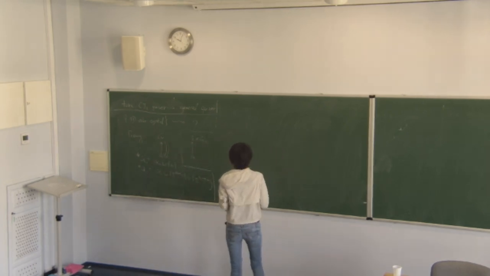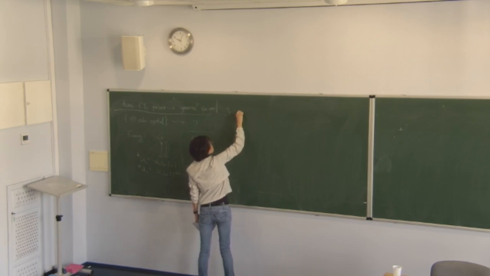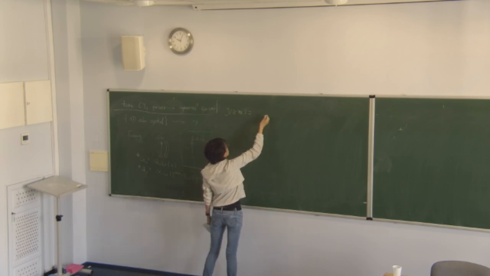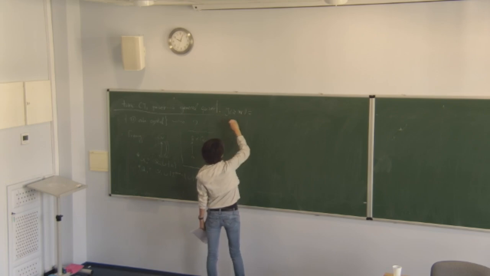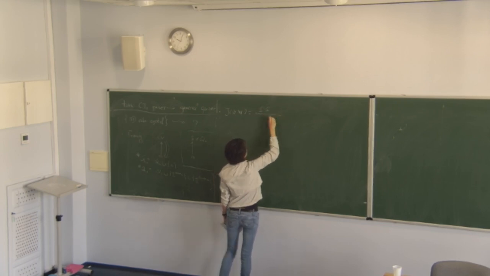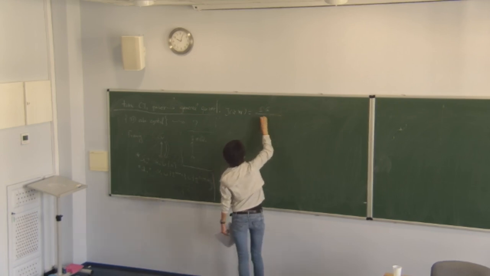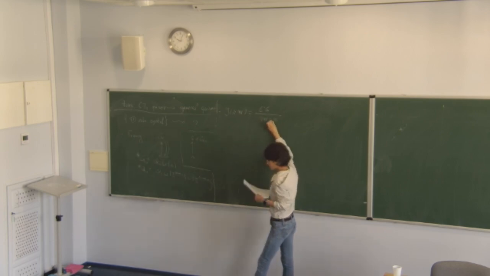So now we need a definition of the Jacobian algebra for the quiver with potential. This is just the path algebra divided by the path equivalence that's given by this superpotential here.